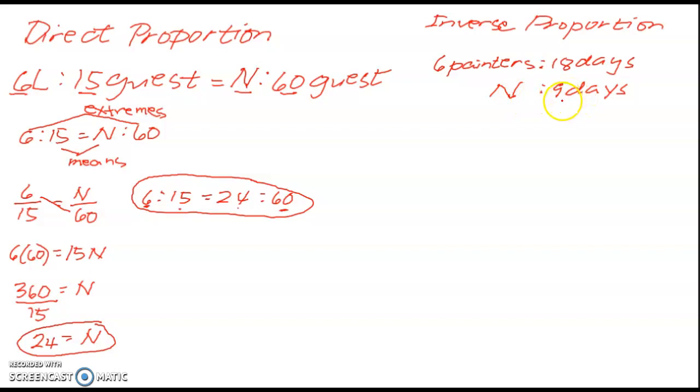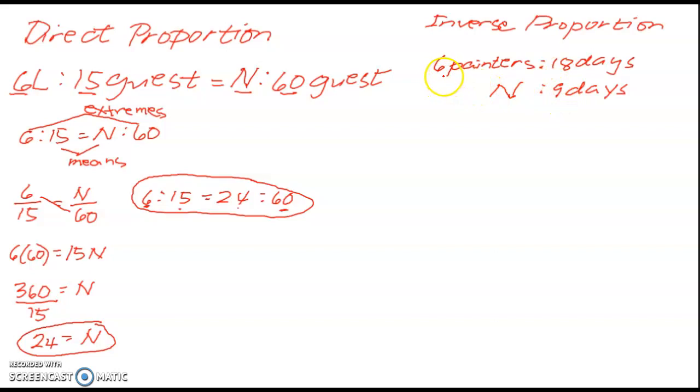What do you think? Will he need more painters to do the job? Because 18 days becomes 9 days. 6 painters, do you think this becomes lesser? As you can see, 18 to 9.